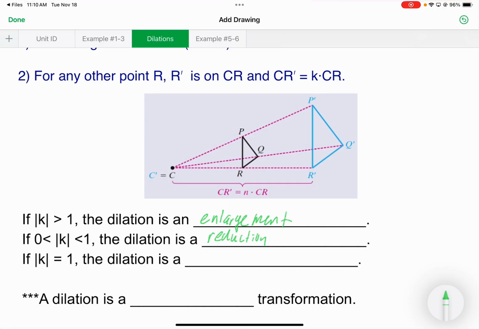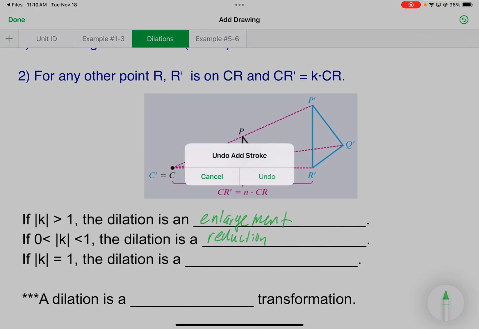Sorry, homework at the bell. I'm not going to have you guys do anything with dilation. I'll tell you what problems to do on Google Classroom. You'll just do the ones with the rotation. Sorry guys, I didn't realize what time it was.